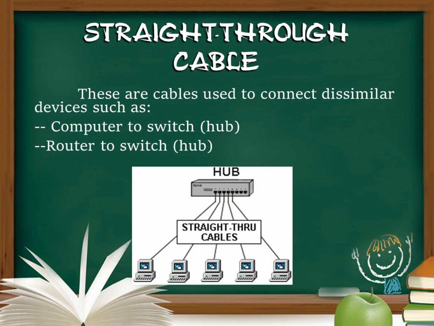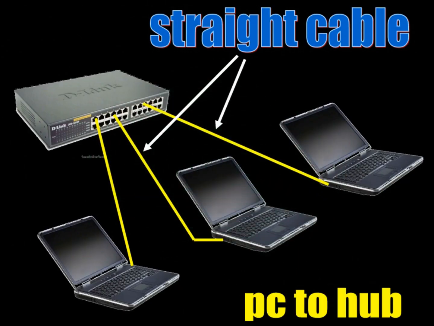Here on this diagram, we have a hub connected to different computers using straight through cable. Here's a picture of a straight through cable. We know that this device, the hub or a switch, and the computer here are not similar. So straight through cables are used to connect devices that are not similar.